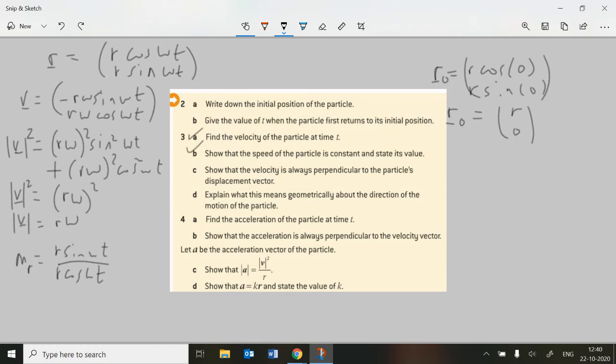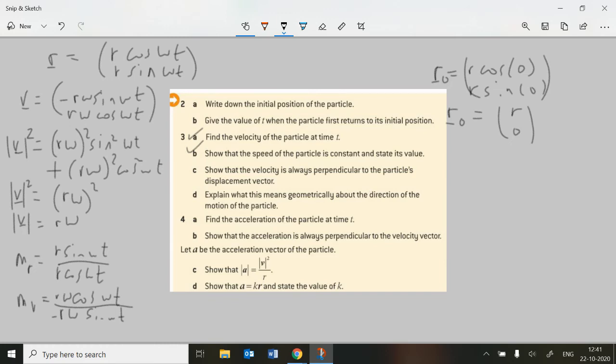And then the gradient of v, so m_v, is going to be equal to this over this. So we can see that we're getting cos omega t by r omega, and then r omega sine omega t there.